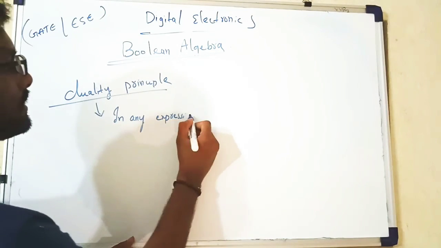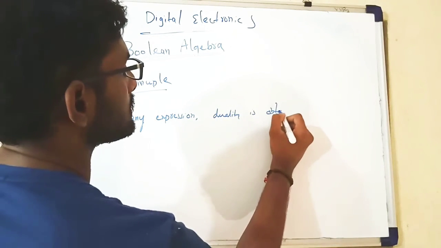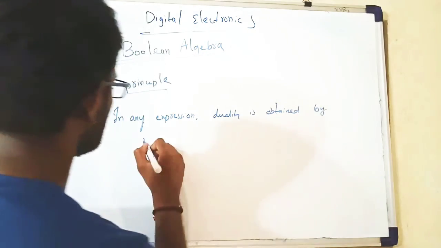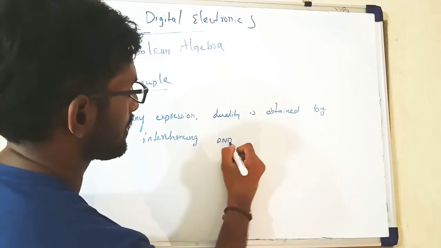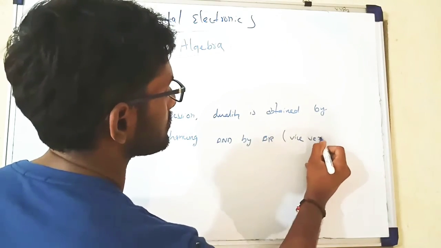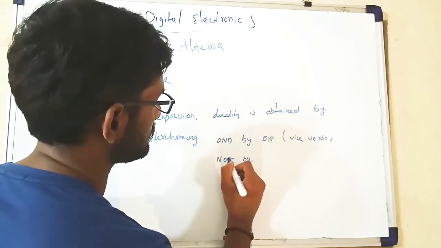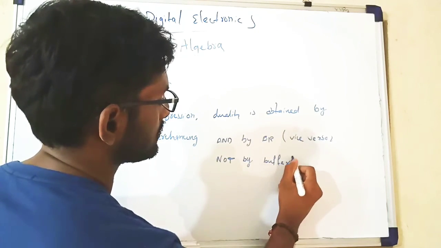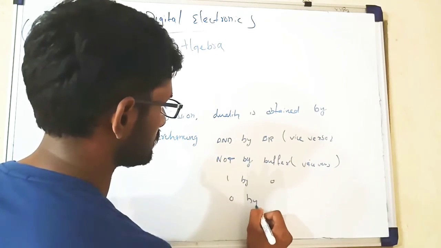This states that in any expression, the dual can be obtained by interchanging AND by OR or vice versa, NOT by buffer or vice versa, and 1 by 0 or 0 by 1.